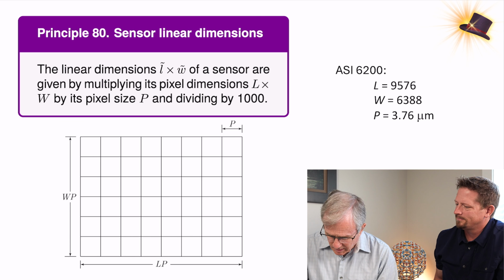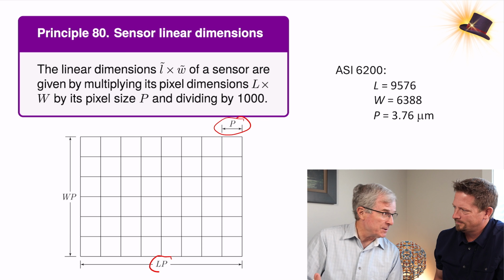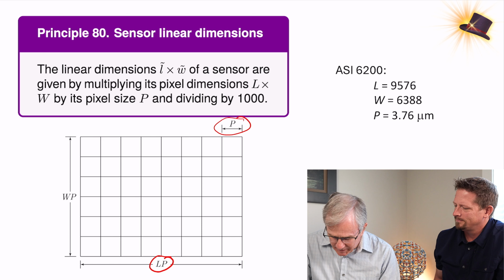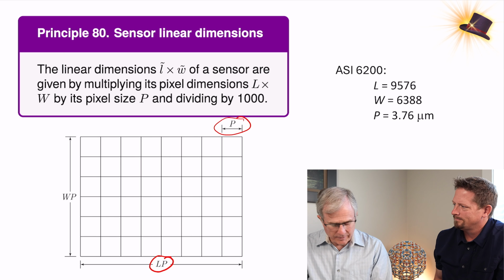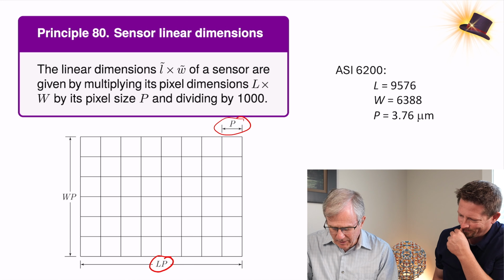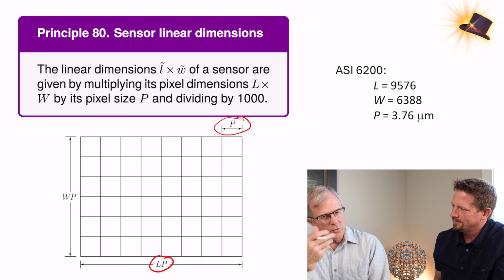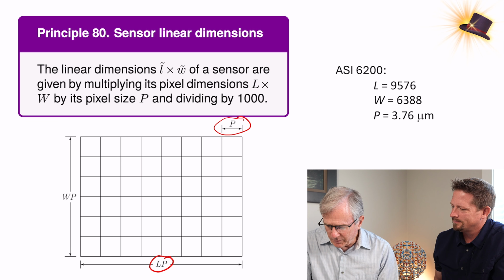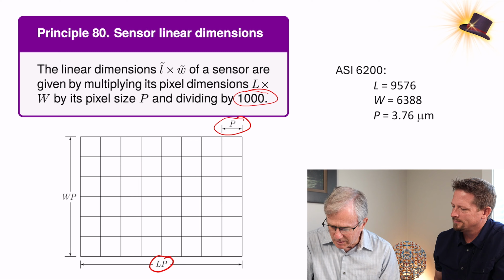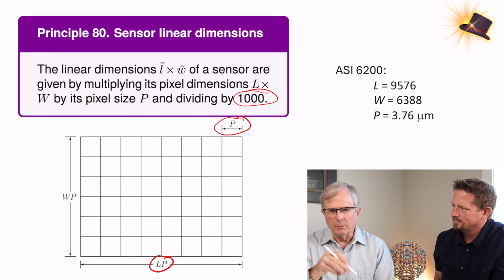To find it, you just take the pixel size, 3.76 microns, and multiply by the number of pixels in the horizontal direction, and that'll give the width. But that'll give you a width in microns. And usually these widths are measured in millimeters instead of microns. So if you divide by 1,000, then you'll convert the microns into millimeters.